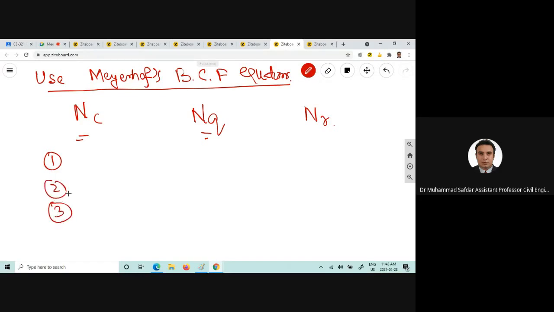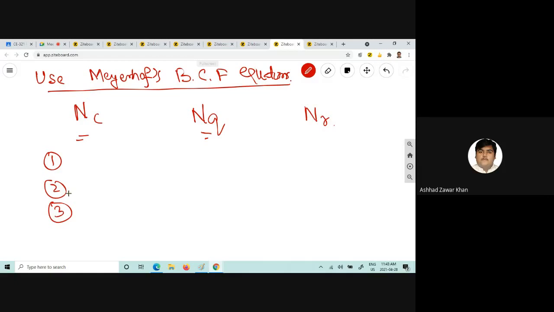I need 3 readings for NC, NQ, and N gamma. Please use Meyerhof's bearing capacity factors equations. This is very important. Please remember these equations.